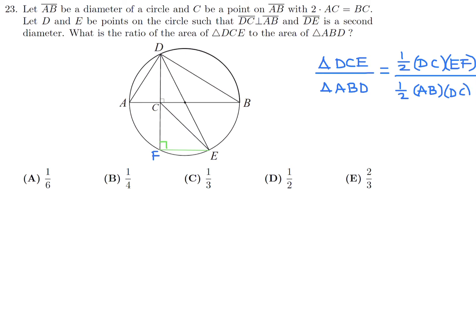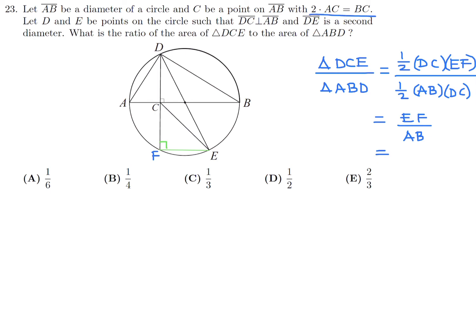So you quickly see that a lot cancels. The only thing we get left is EF over AB, like that. And yeah, so we will have to figure out somehow a numerical value for EF and a numerical value for AB. All right, let's go back to the question and see what kind of clues we can get.